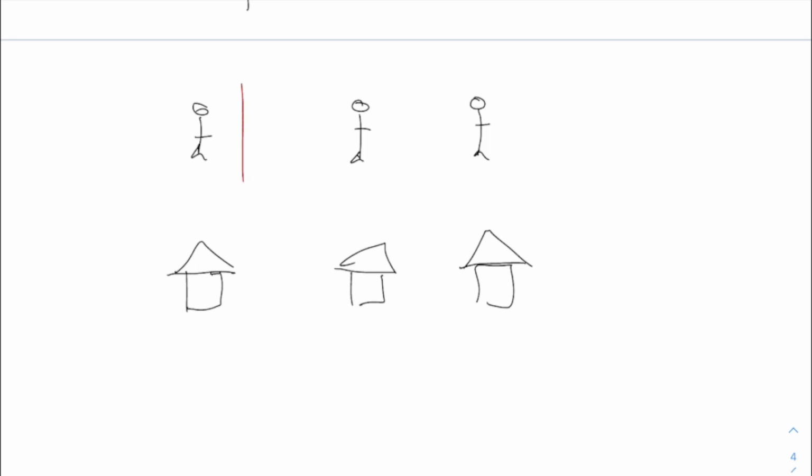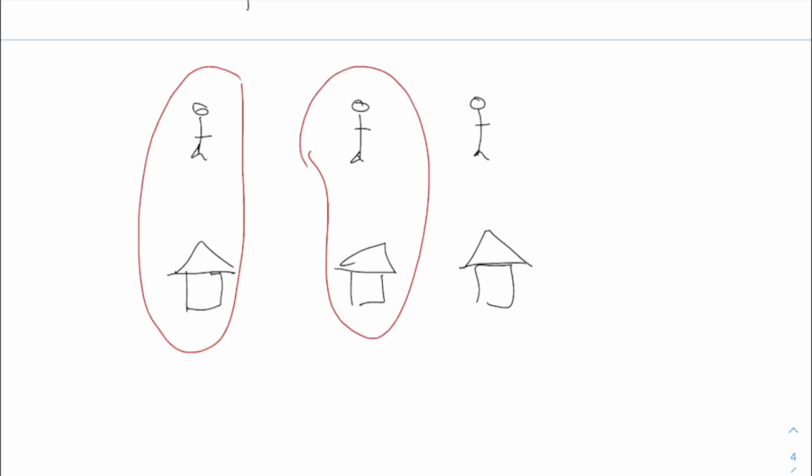Yes, you can match them up like this. Every person matches with one house. Therefore, there are the same number of people and houses. And you can do that even without counting them all up. This is Cantor's basic idea. It's not all that deep, but you have to be kind of deep to think of this.